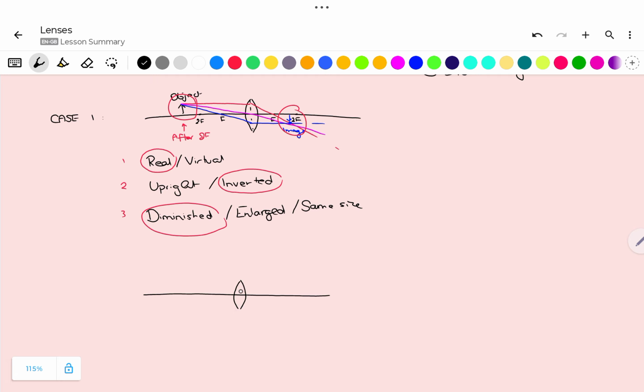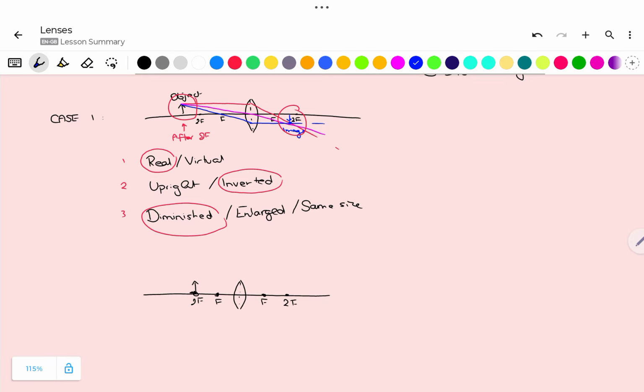So my lens, the f, the 2f, and now we can place the object at the 2f. We just do the f and the 2f on the other side. And we will place our object on the 2f.